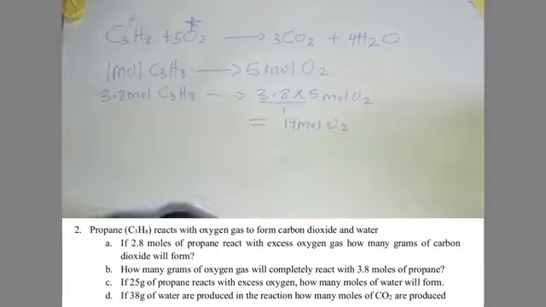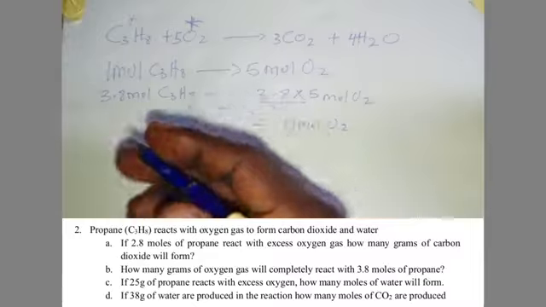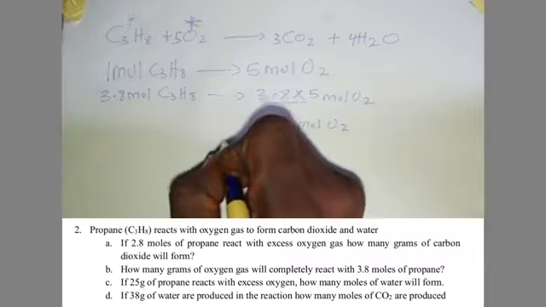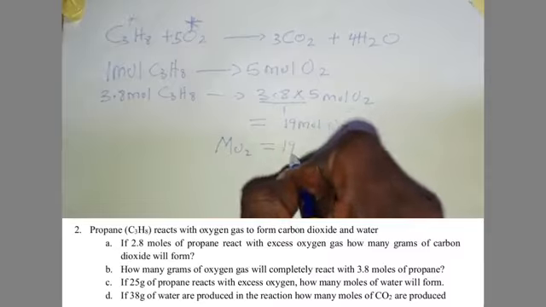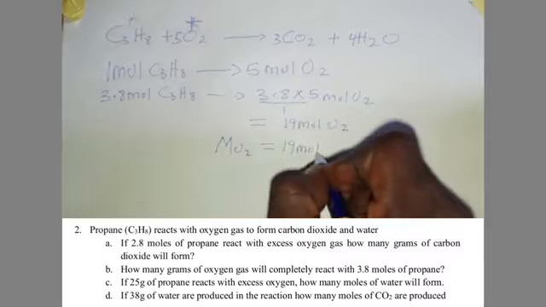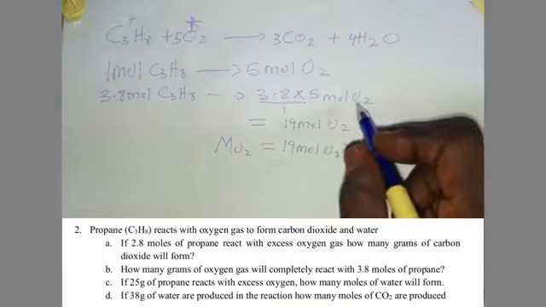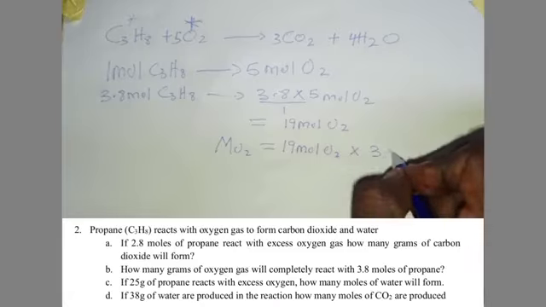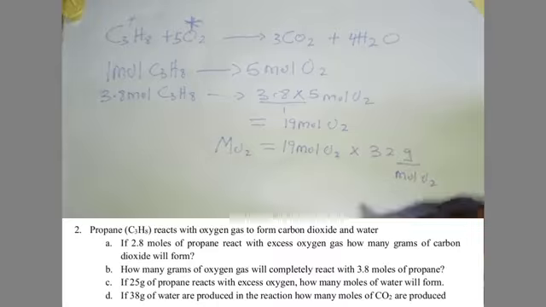Remember the initial formula I gave you, where number of moles is equal to mass over molar mass. So from there, the mass of oxygen gas is going to be equal to 19 moles of oxygen gas multiplied by the molar mass of oxygen, which is 16 times 2, which is 32 grams, representing 1 mole of oxygen gas.